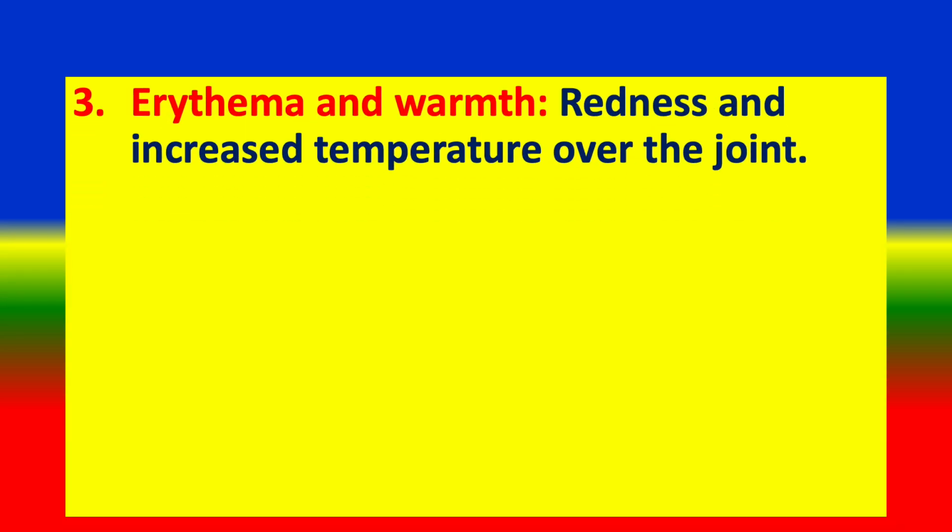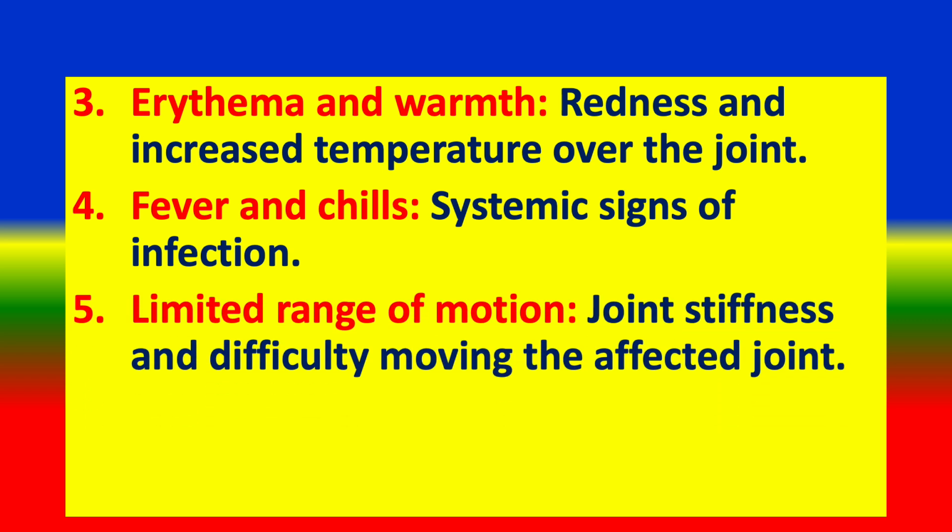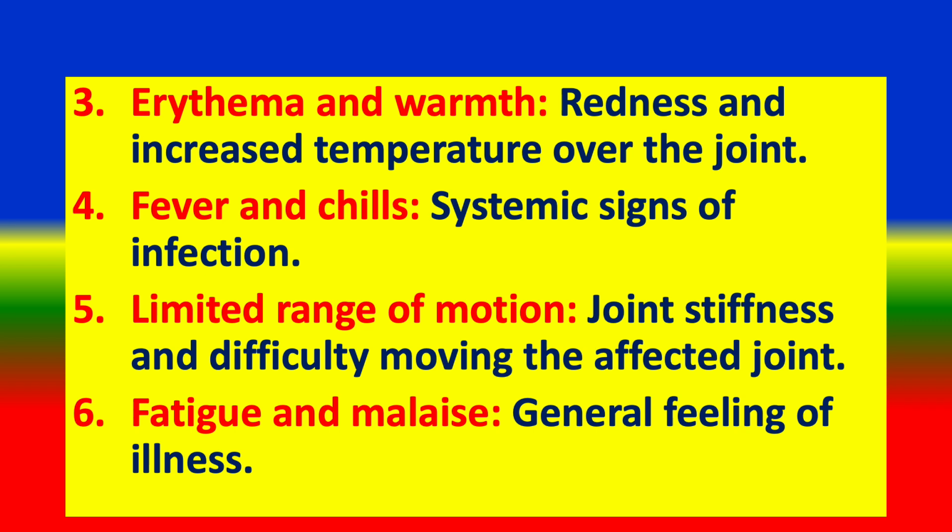Erythema and warmth, redness and increased temperature over the joint. 4. Fever and chills, systemic signs of infection. 5. Limited range of motion, joint stiffness and difficulty moving the affected joint. 6. Fatigue and malaise, general feeling of illness.